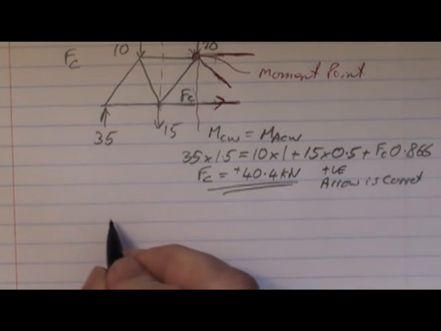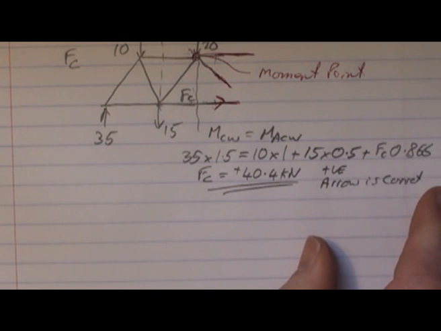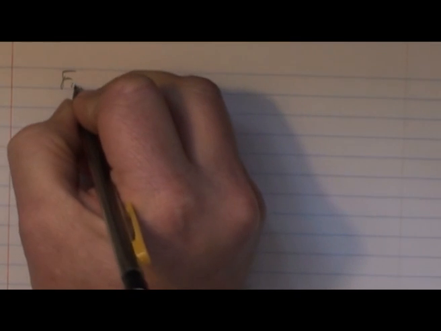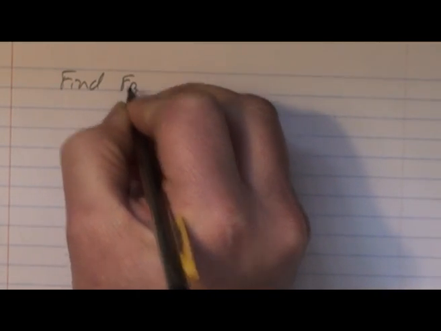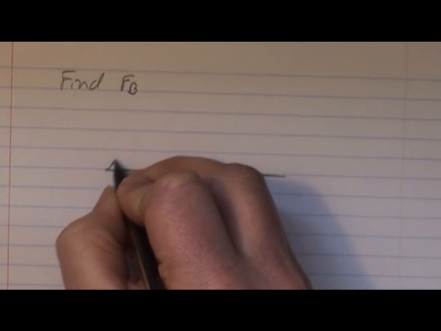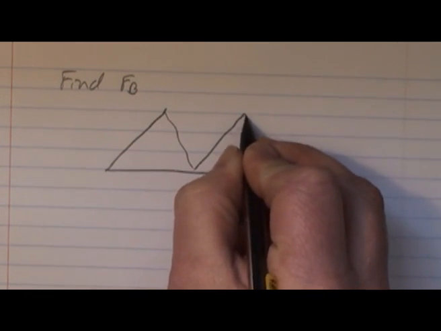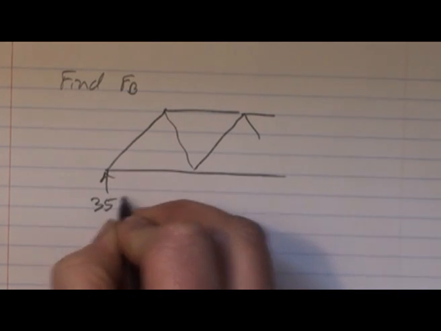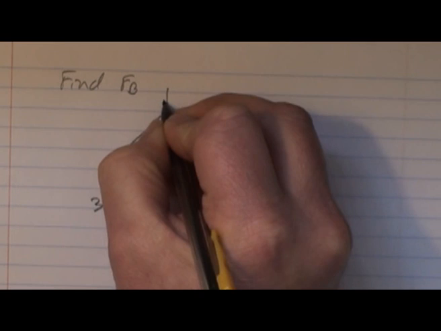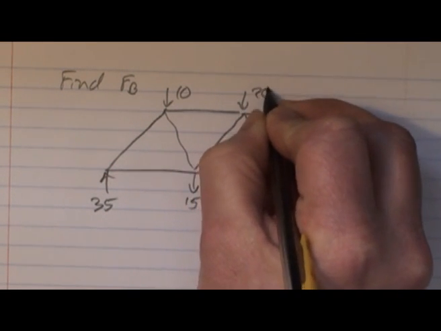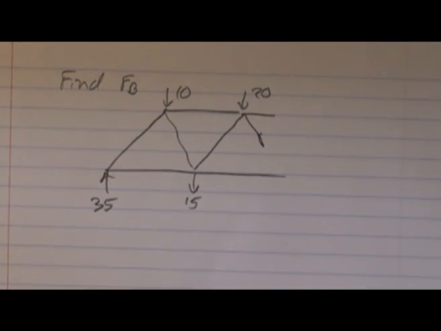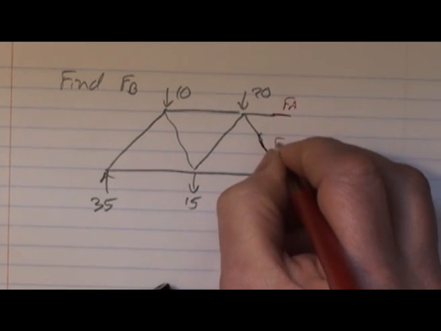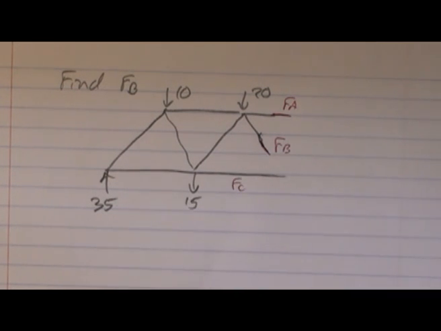Okay, that's FC. Now we'll have a look at FB to find that. So to find FB, if we redraw our framework, again 35, 15, 10, 20, FA, FB, FC.